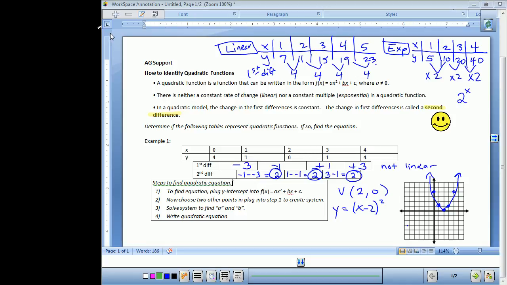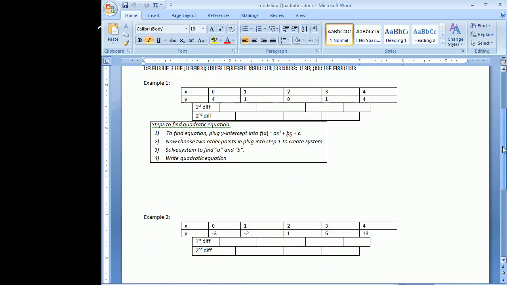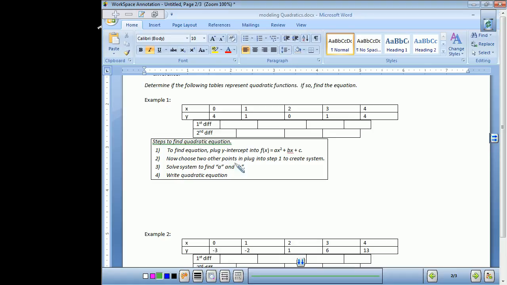But the best part for you guys is you're not going to be responsible for this part on your test. I will probably make it a bonus. It wouldn't surprise me if your teachers did the same thing.